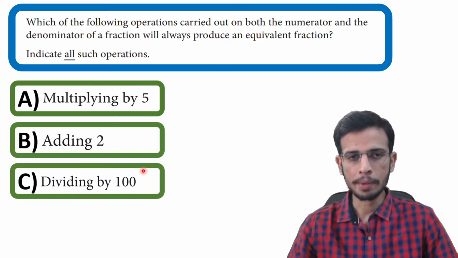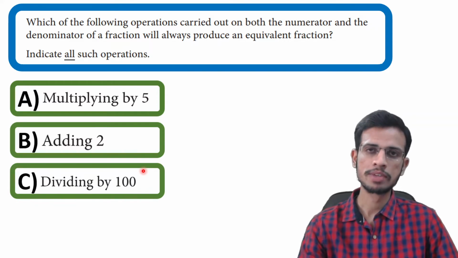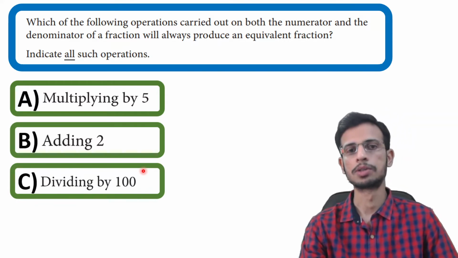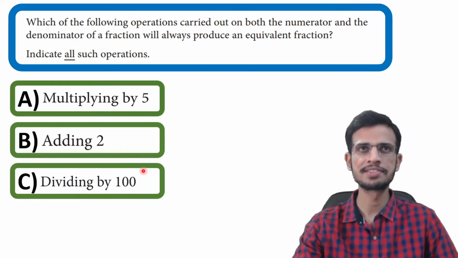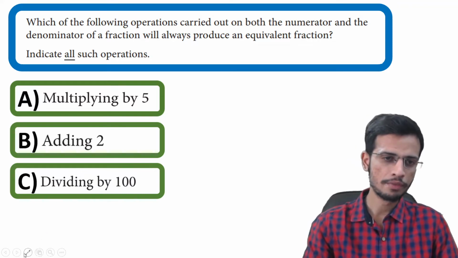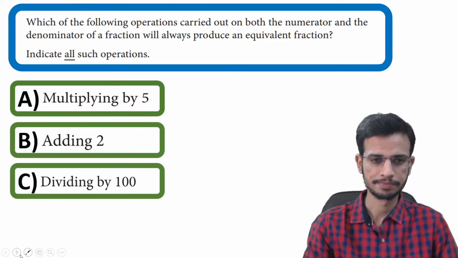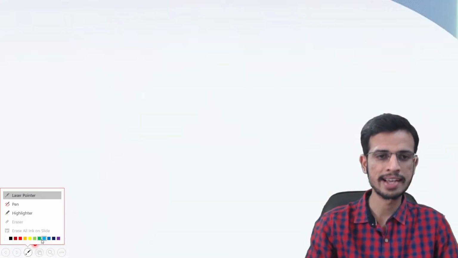The same operation will be carried out on the numerator and denominator. Multiplying by 5, you can just visualize as well. So suppose our fraction is x by y. We are taking the generalized case.